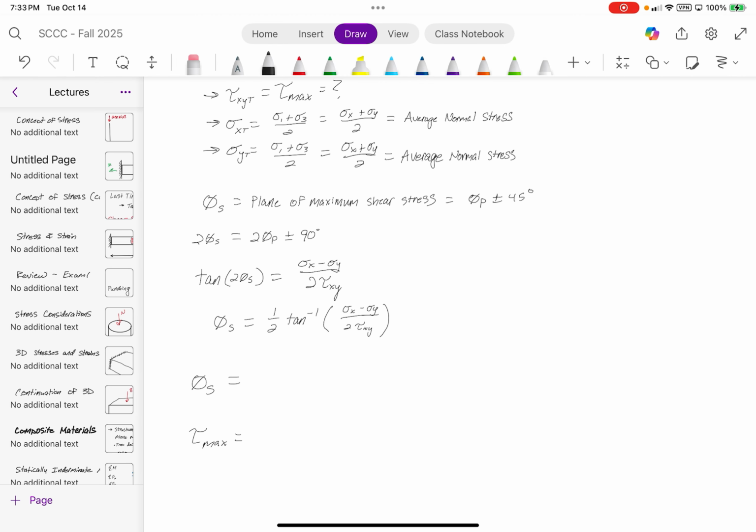Though it's weird because I'm wondering if I have the equation wrong.